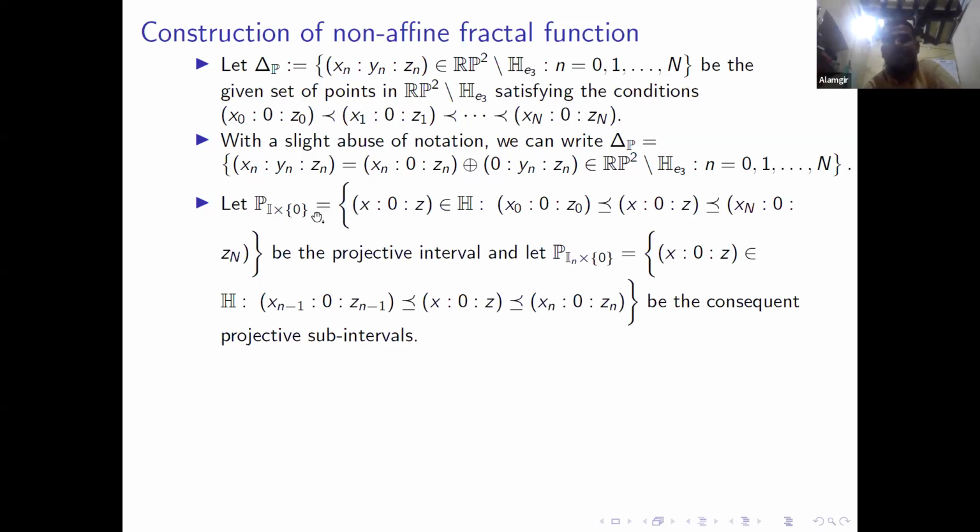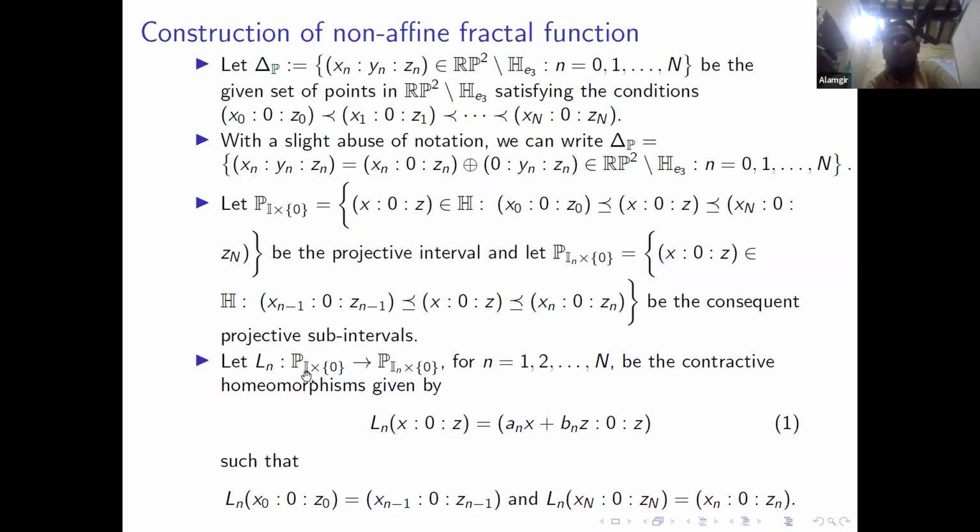Let pi be the projective interval and pi_n be the sub-interval of that projective interval. So the first interval is considered from (x0, 0, z0) to (xN, 0, zN), and this is the sub-interval from (x_{n-1}, 0, z_{n-1}) to (xn, 0, zn).